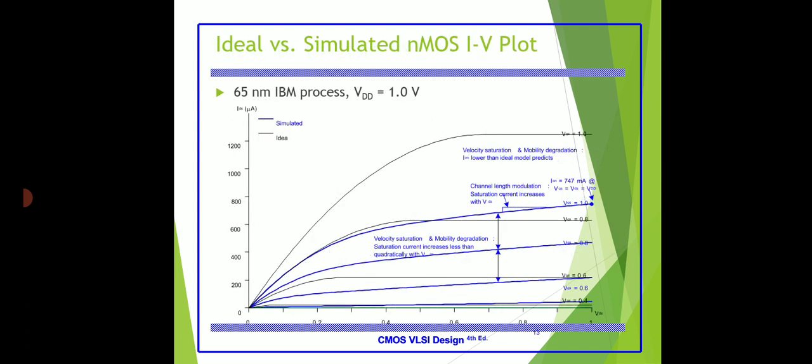Here you can see the graph of the ideal plot. This IV characteristics shows channel length modulation, where saturation current increases with respect to voltage, and velocity saturation and mobility degradation will be very small.